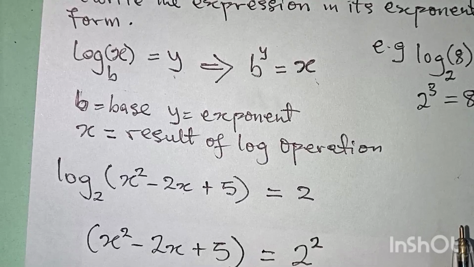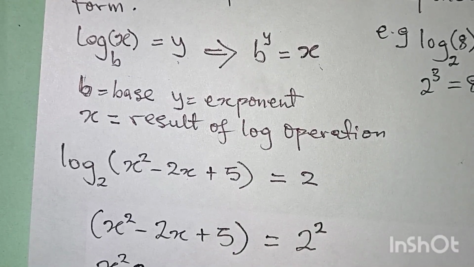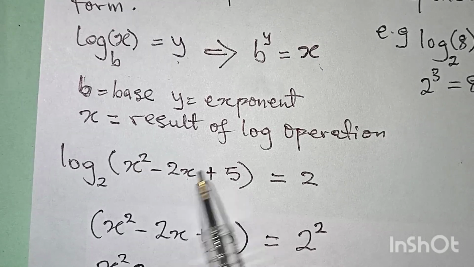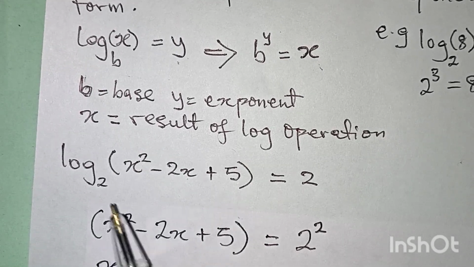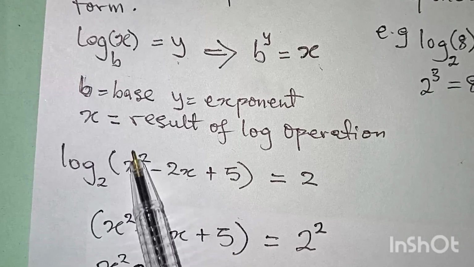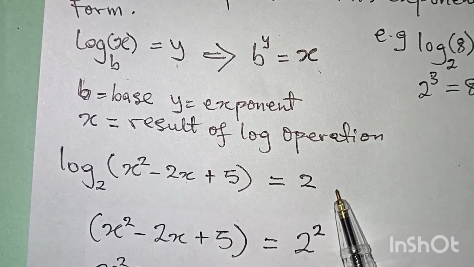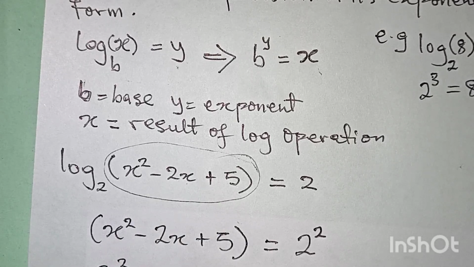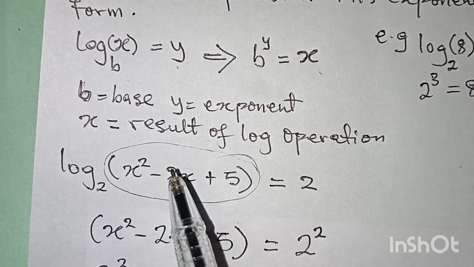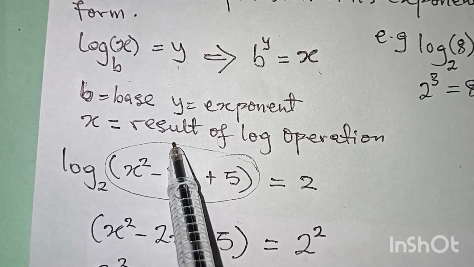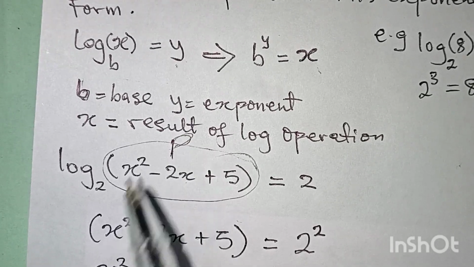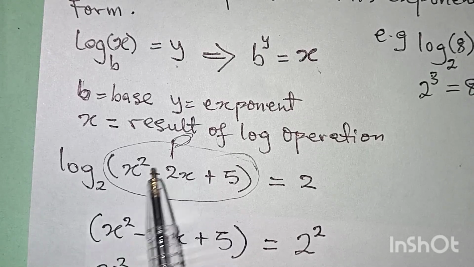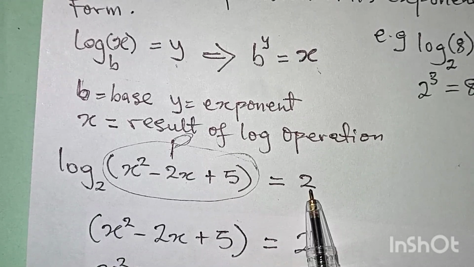Now let's come to this question that we're about to solve. Look at log of base 2 of this expression is equal to 2. Let's take this expression, let me use the value p, let's call it p right here. So log of base 2 to p is equal to 2.